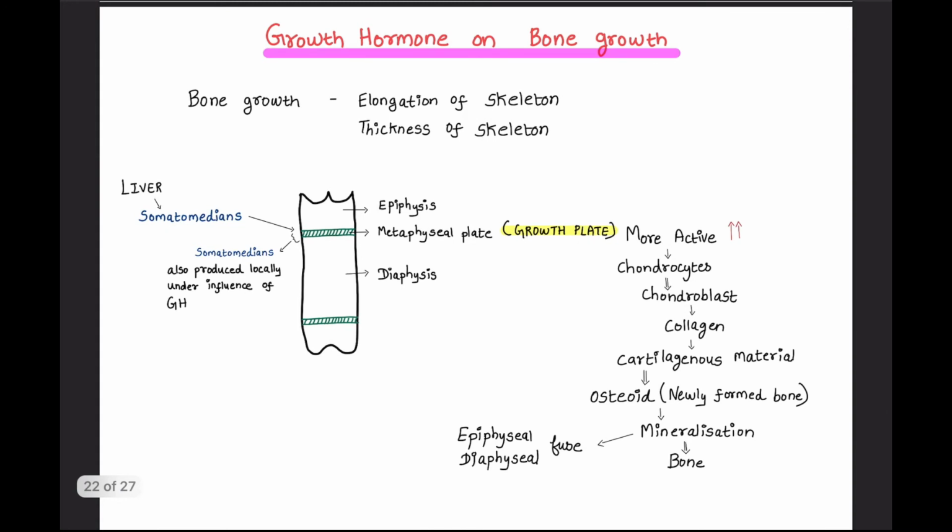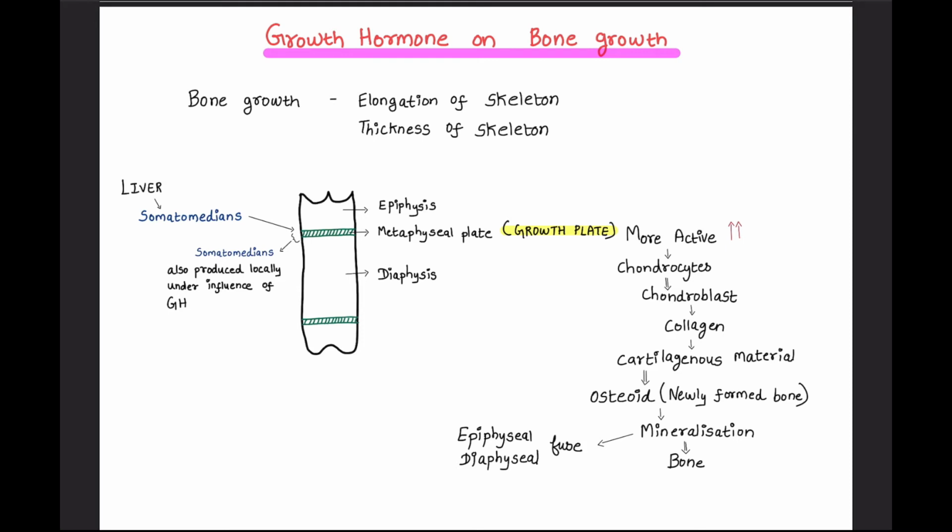Now we will see the growth hormone effect on bone growth. In bone growth there will be elongation of the skeleton and there will be thickness of the skeleton. For example, take a tibia bone.